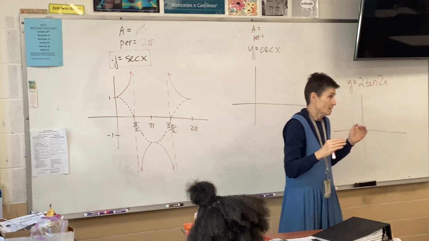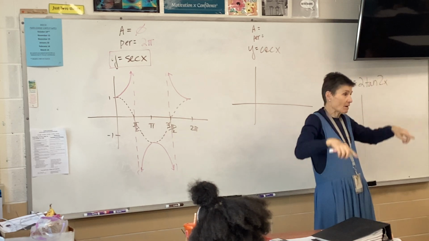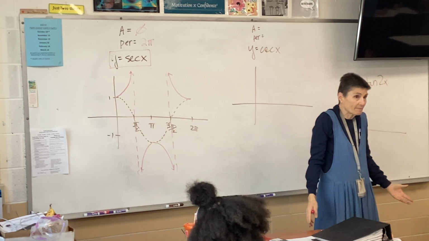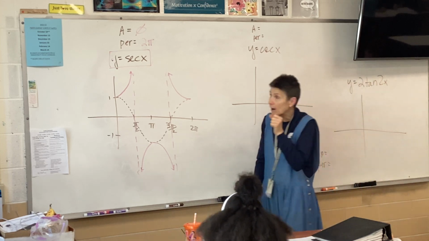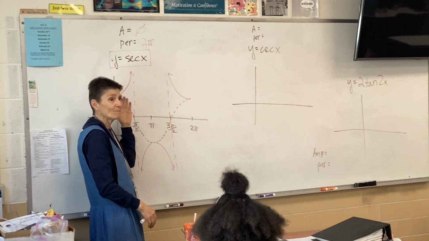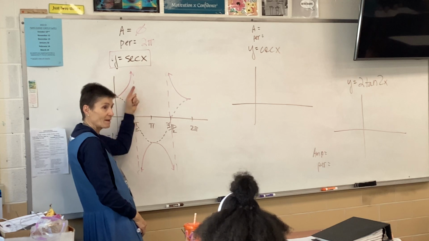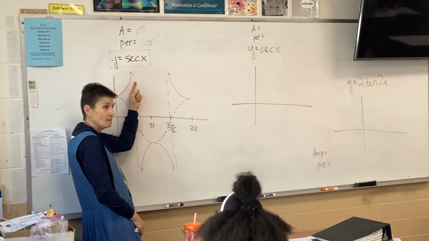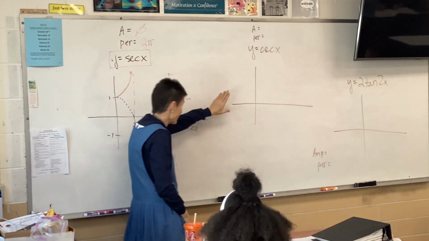Why? Because the curves go up and down forever. There's no height. Same thing here. There's no height at all. Now, is the one still kind of important? Yeah, because the one tells me where the bottom of my valleys are, but that isn't the amplitude. There is no amplitude.